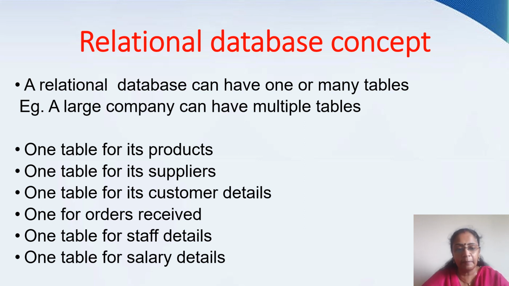One table may be for the products that it is manufacturing, another table for the suppliers, another for all the customer details, another table which contains all the orders received, one table for all the staff details, one table for the salary details. Like this, one single database of the company will be divided into multiple tables, and these tables are related to one another. So this is another example of the relational database concept.